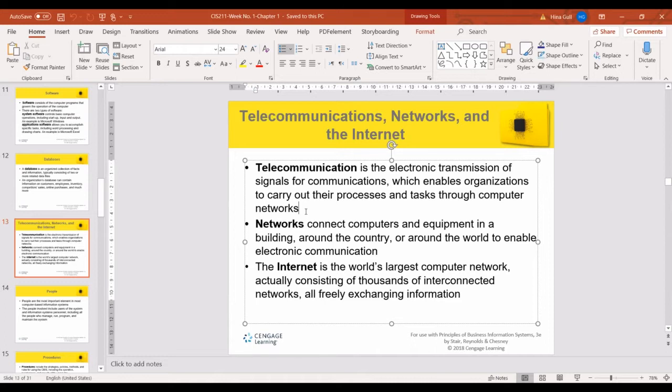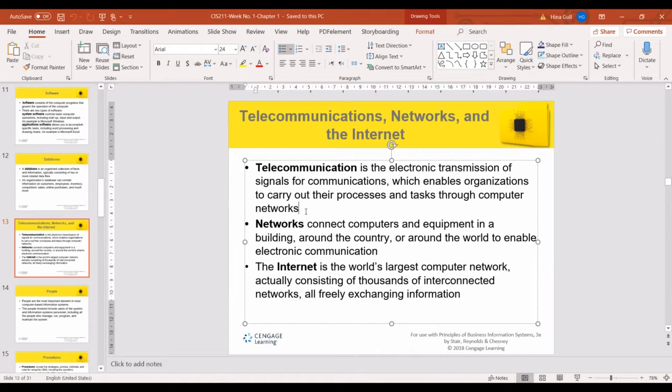With cables, like Ethernet cable, all the computers will be connected to the switch, so they can communicate with each other. Then this becomes a local network. There is also a WAN, wide area network.